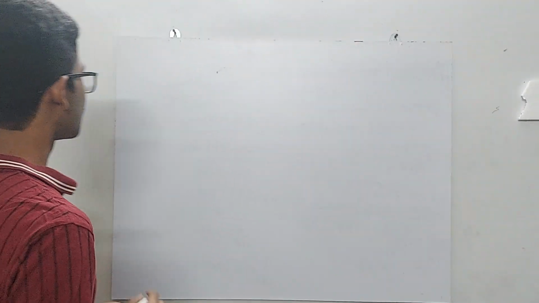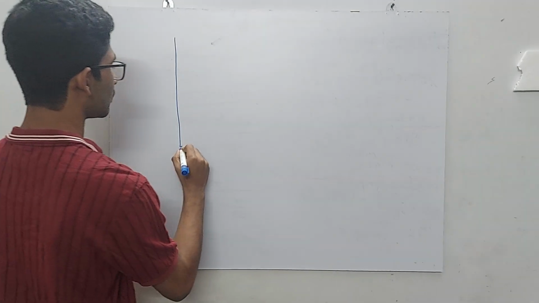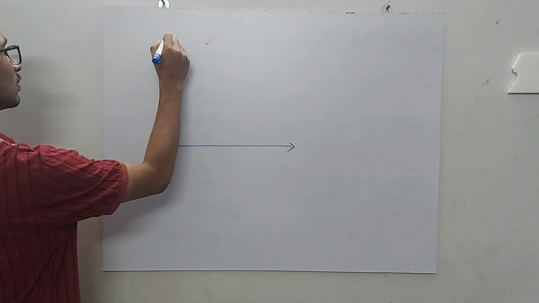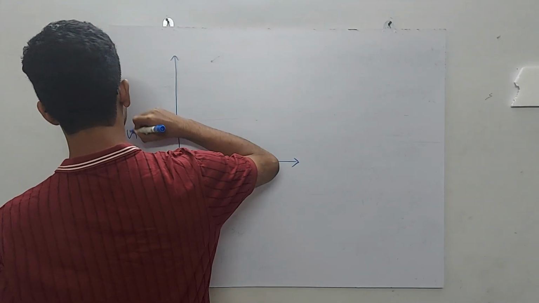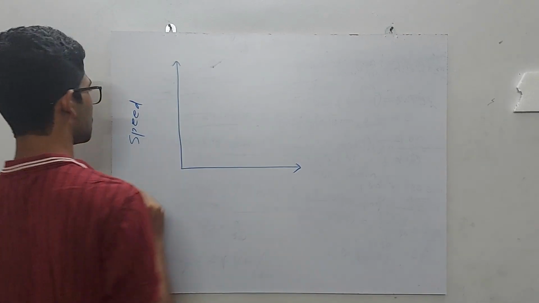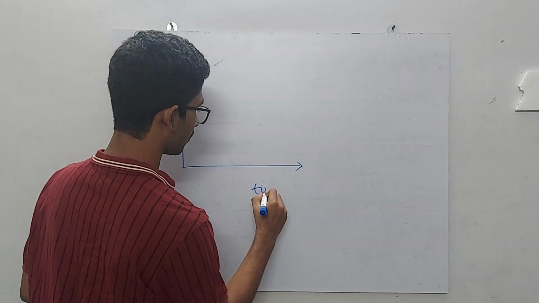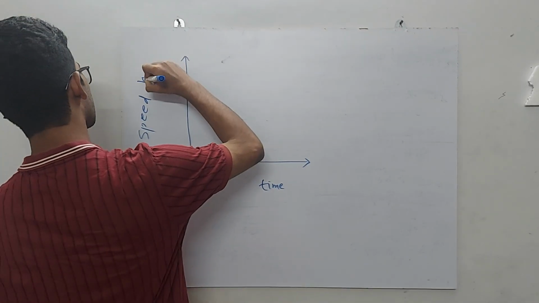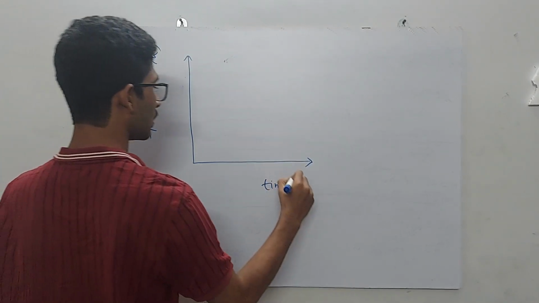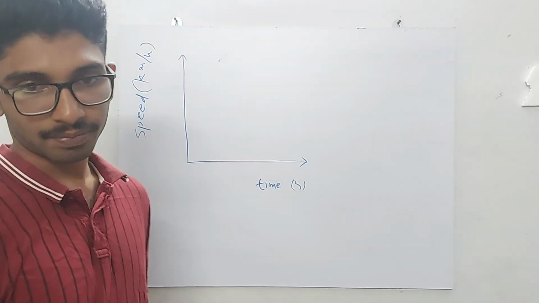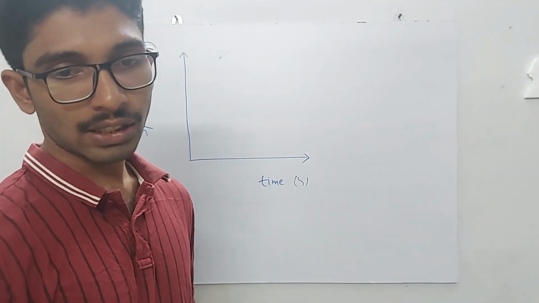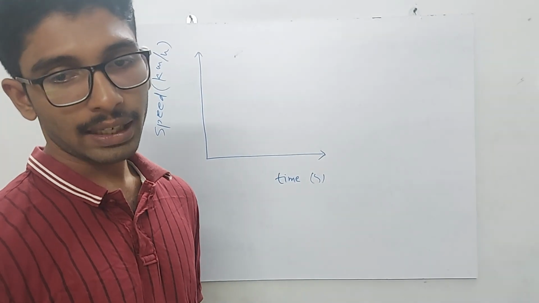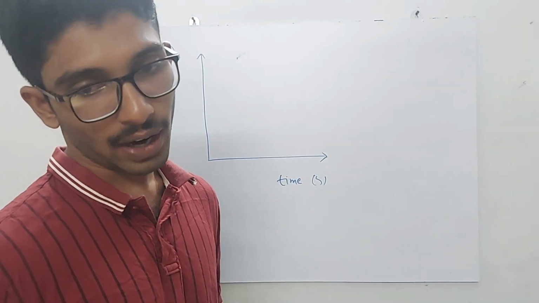Okay, so they are asking us to plot the speed versus time graph. There are two cars. Speed, time. The speed is given in kilometer per hour, time is given in seconds, isn't it? So the first car is traveling at 52 km per hour and applies brake and the car stops in 5 seconds.